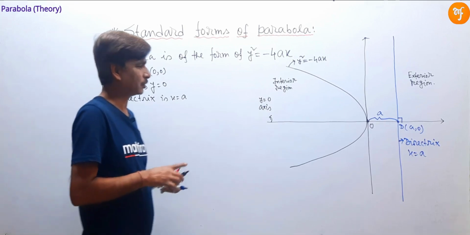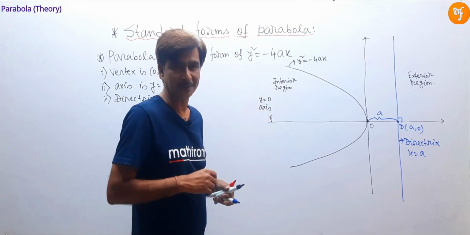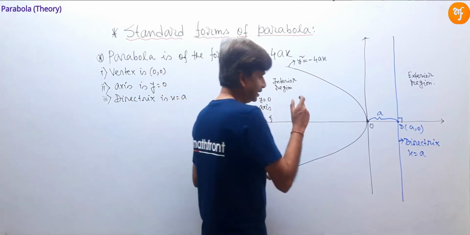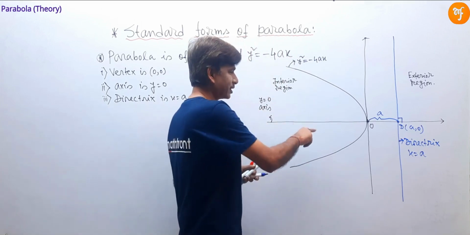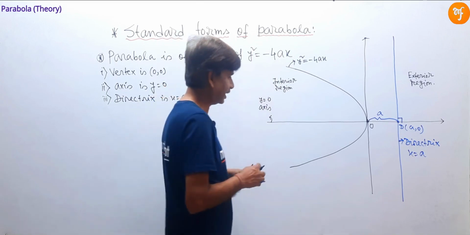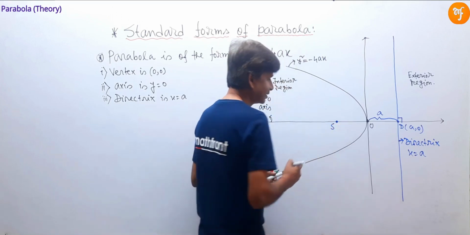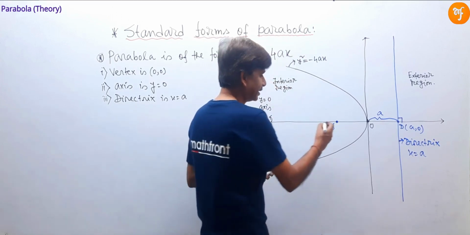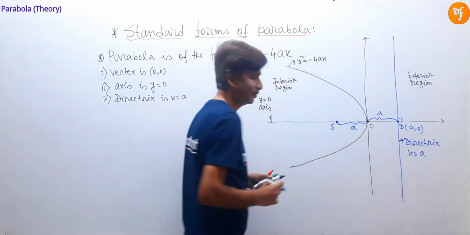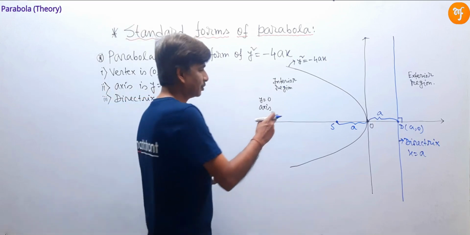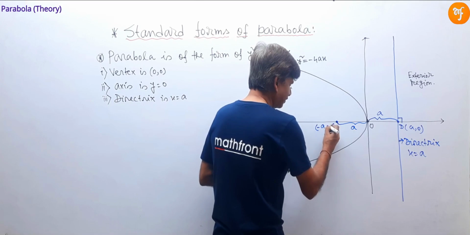Okay, now we all know the focus of the parabola lies at the interior region of the parabola. And the distance of the focus from the vertex is again a, and the focus lies on the axis of the parabola. So this is the point which is the focus of the parabola. Clear? So what is the coordinate of the focus? The coordinate of the focus will be minus a comma 0.